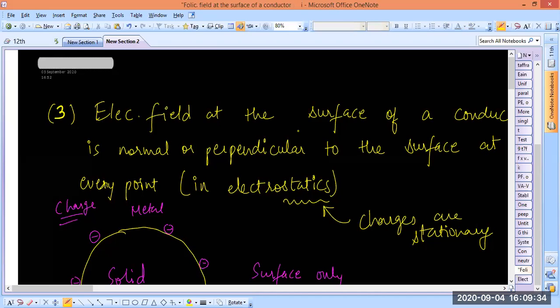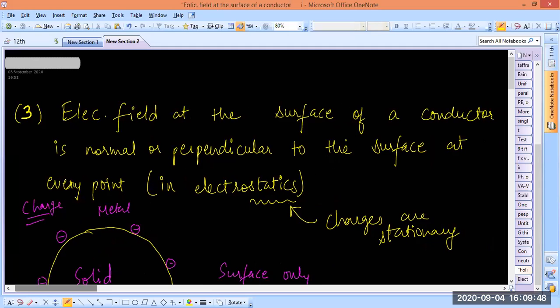You can write them in any order you want. So this is the third property we are going to talk about today: the electric field at the surface of a conductor is normal, or perpendicular, to the surface at every point. And of course, this is true for electrostatics.